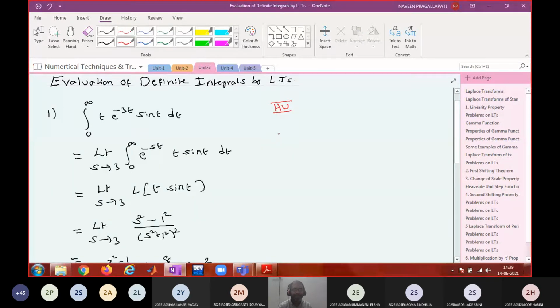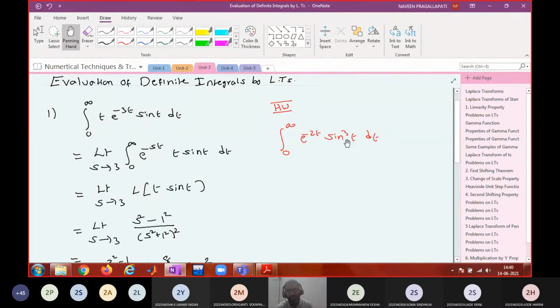Homework: evaluate integral 0 to infinity e power minus 2t sine cube t dt. This is nothing but limit s tending to 2 of Laplace of sine cube t.